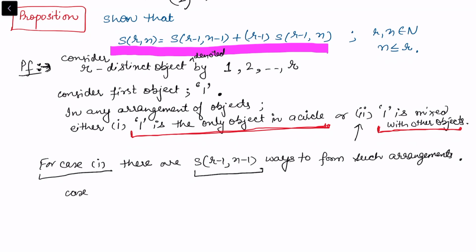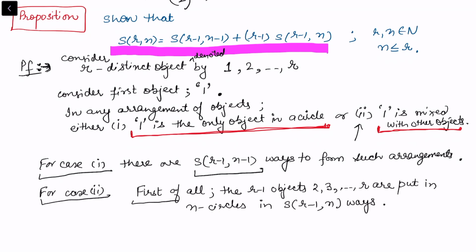And for case 2, we do that sequentially. First of all, place the R-1 objects, that is the second object, third object up to the Rth object, in n circles. There is no restriction on these objects, and that can be done in S(R-1, n) ways. Now the condition was that we want to mix 1 with the other objects. So let's first place 2, 3, up to the Rth object in these n tables.